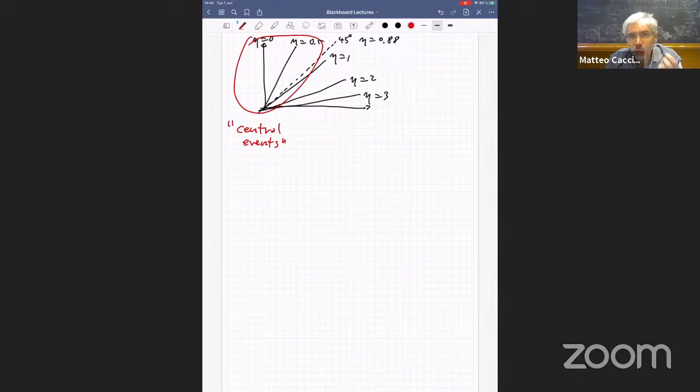But for the individual lepton or the individual light quark, eta and y are very similar, and therefore this notion of central event is related to small eta or small y, and forward events, these are forward events, are related to large values of eta.